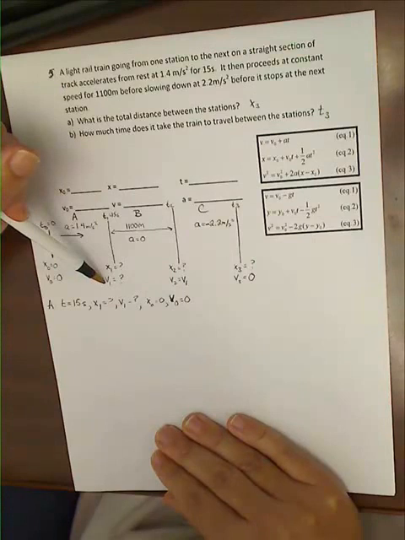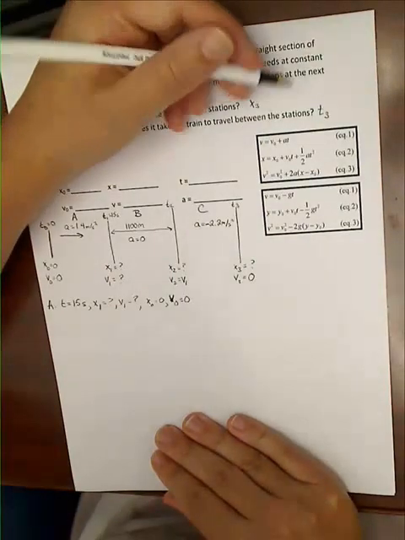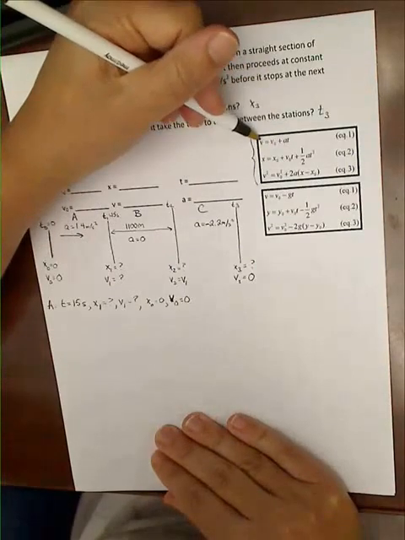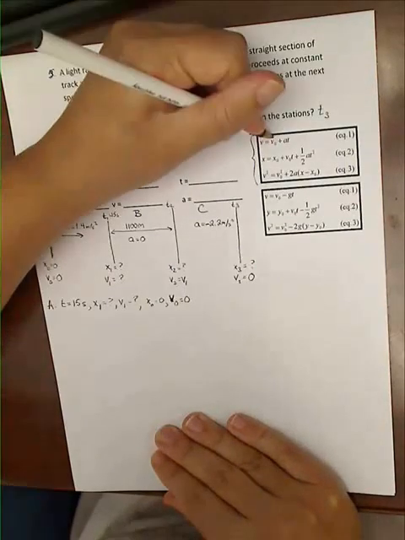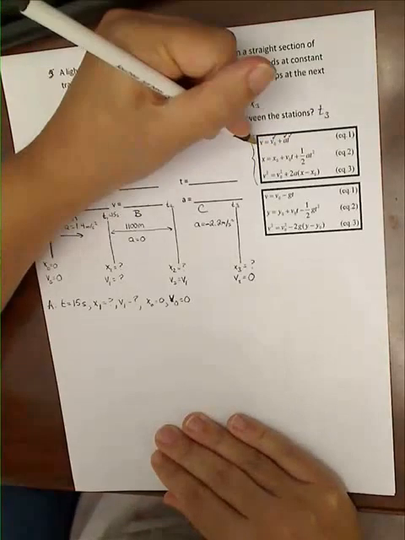So let's look at equations. Now I'm moving horizontally, so I'm going to use this top set of equations. First equation, what do I know? I don't know my final speed. I know my initial speed, my acceleration, and my time. So that's an easy way to find V1.